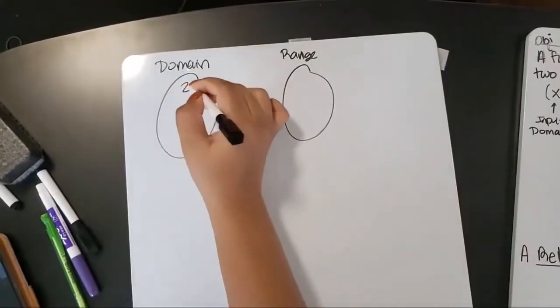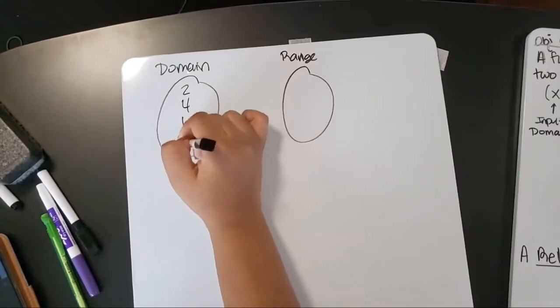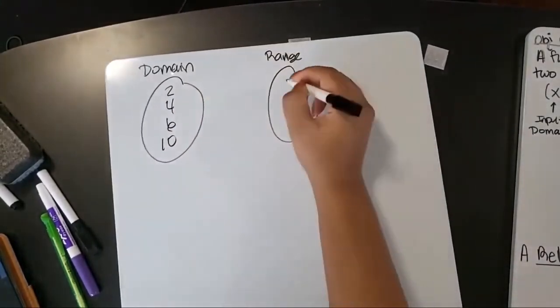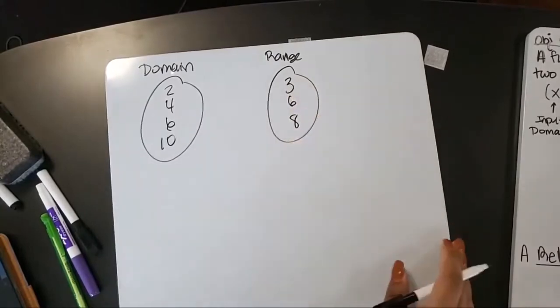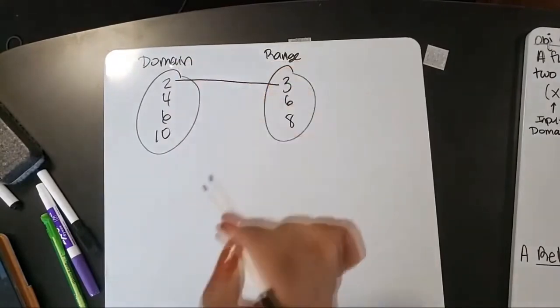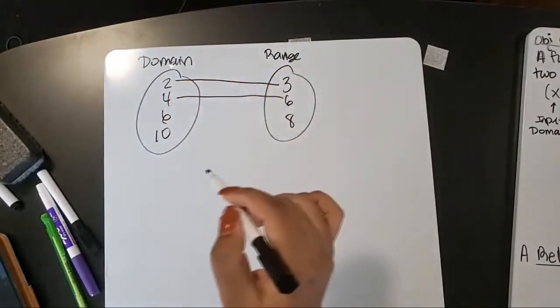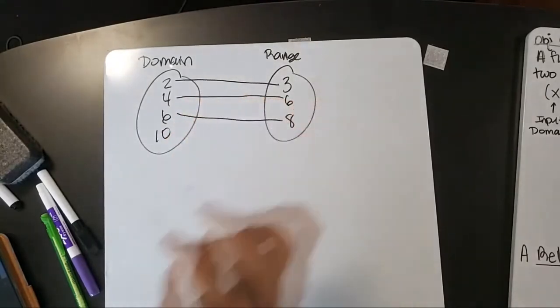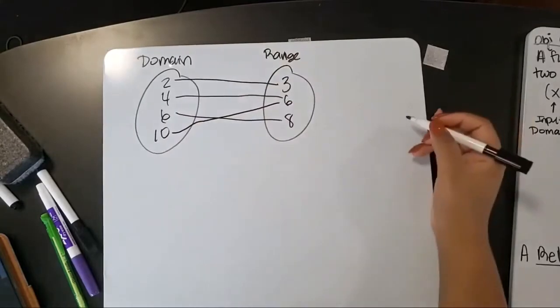In our domain set, let's say we got 2, 4, 6, and 10, and in our range set, let's say we got 3, 6, and 8. Okay, so we have the ordered pairs 2, 3, 4, 6, 6, 8, and 10, 6.